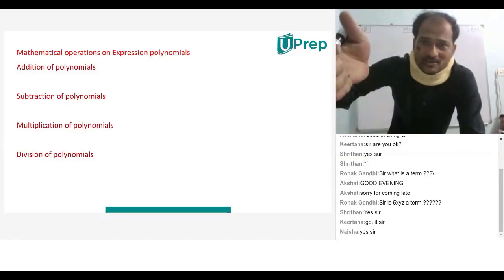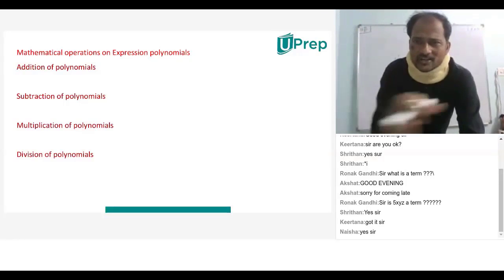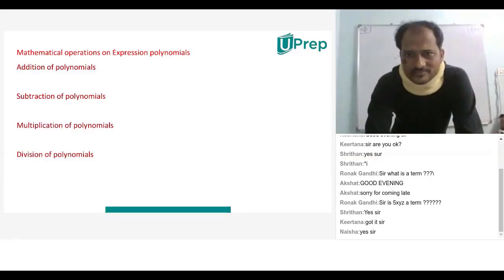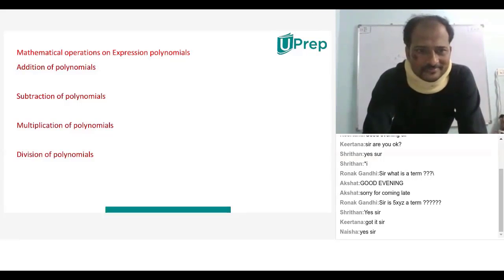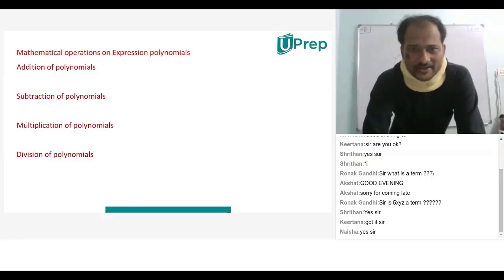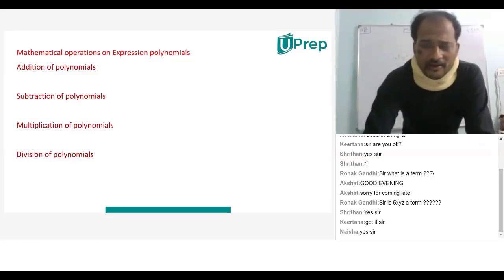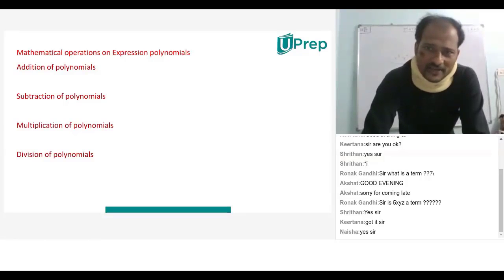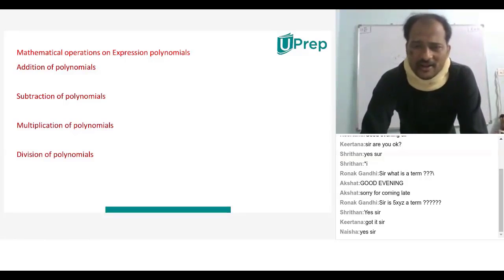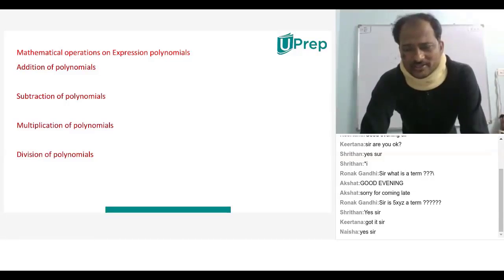Vertical arrangement is called a column. Horizontal arrangement is called a row. Yes or no? Yes, sir. Right. In the same way, addition of polynomials can be done by the row method as well as the column method, that means horizontal and vertical. Subtraction is also the same, horizontal and vertical.